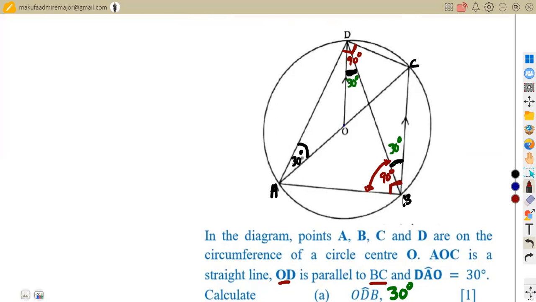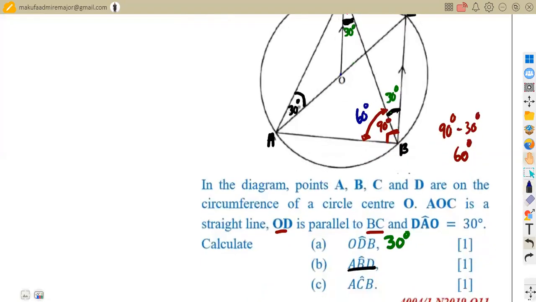So if the whole of this angle at B is 90 degrees, how am I going to find the remaining angle ABD? I'm just going to subtract from what? 30 from 90 degrees, which is going to be 60 degrees. So this angle is going to give us 60 degrees from the concept that the whole of the angle at B is 90 degrees, created by a diameter.